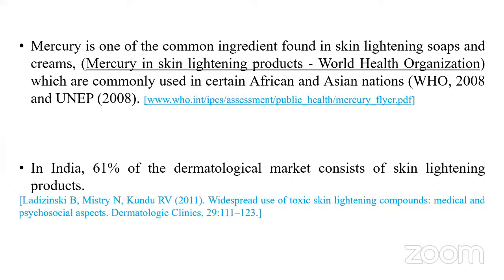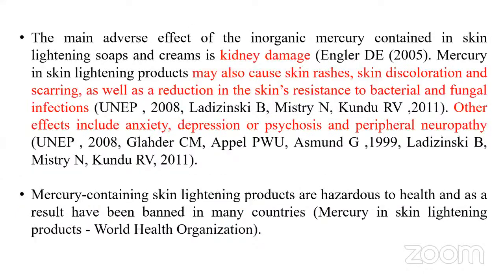If you look at what they give us, inorganic mercury-containing skin lightening soaps and creams cause kidney damage, and they may also cause skin rashes, skin discoloration, and scarring. They may reduce our skin resistance, so our skin becomes vulnerable to bacterial and fungal infections.